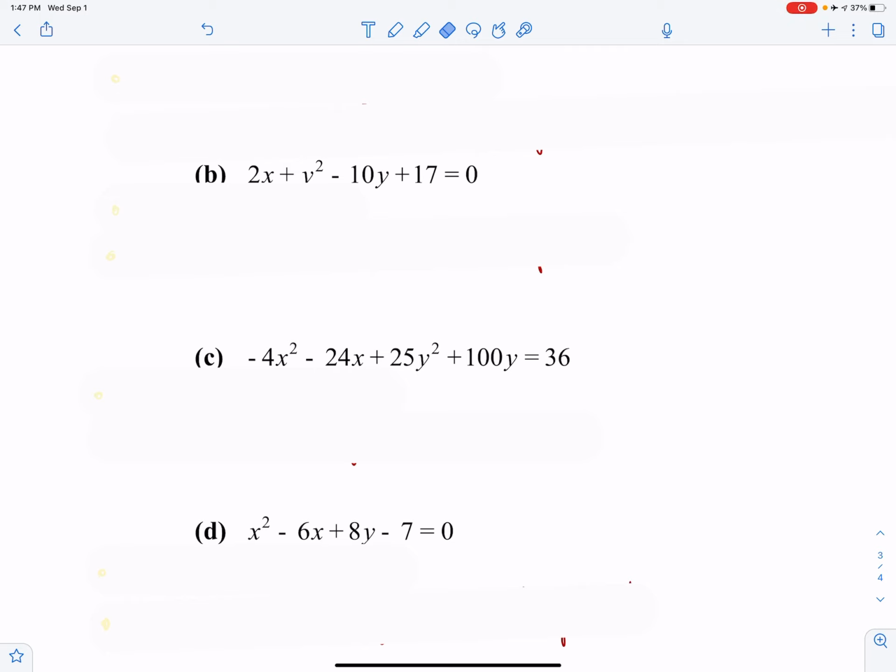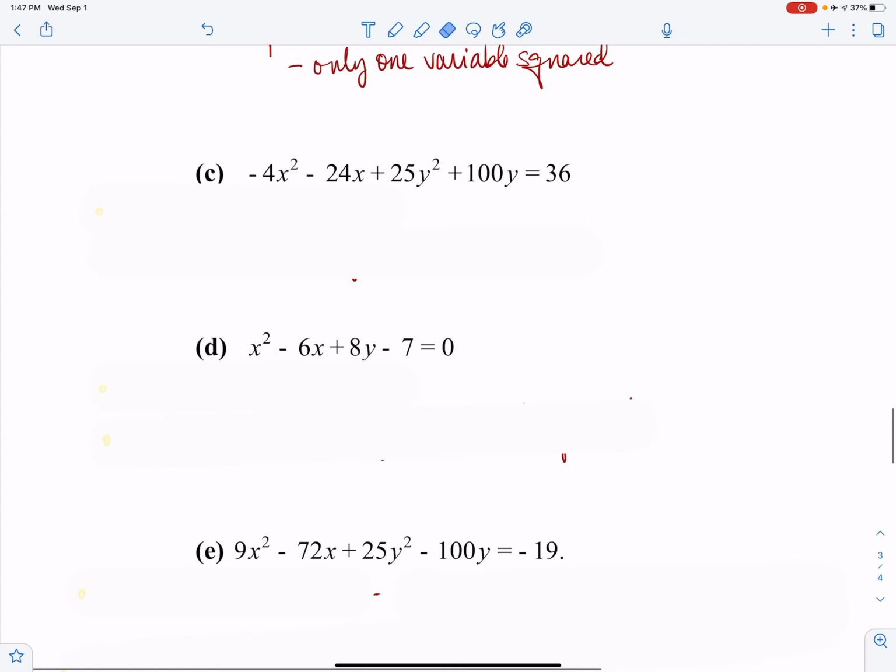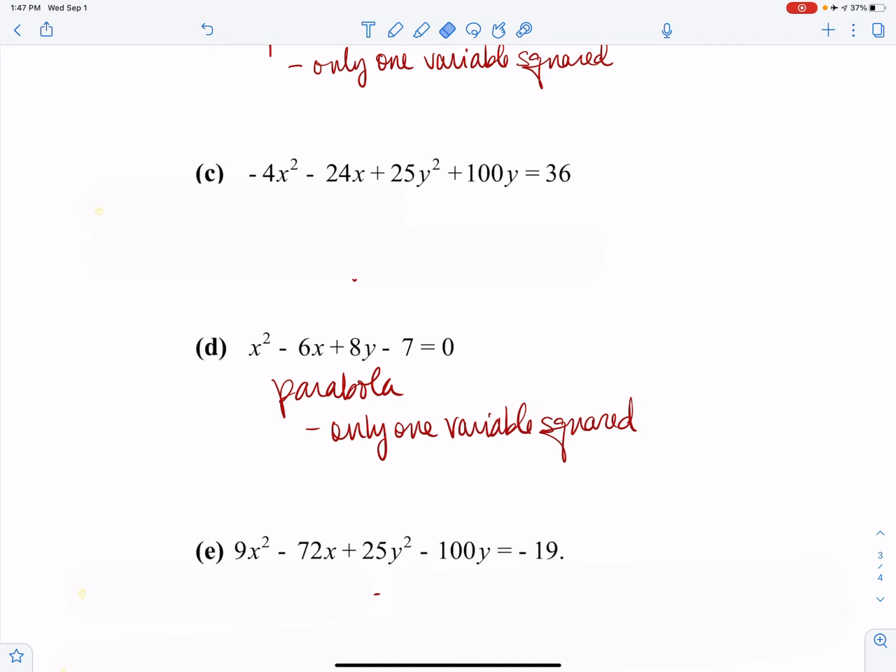So immediately my brain says, hey, parabolas are the only conic section that has a single square. Everything else has squares on both the X's and the Y's. So this one has to be a parabola because there's only one variable that's being squared. If you drop down to part D, you'll notice the exact same thing has occurred. Only one of my variables is squared, so I know it has to be a parabola.